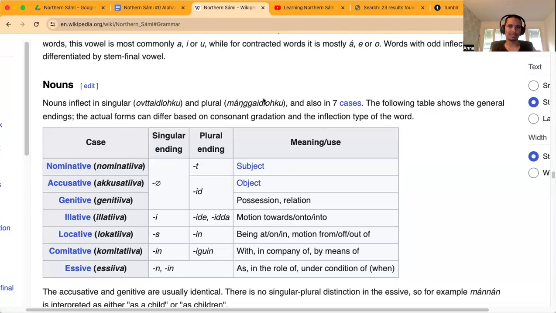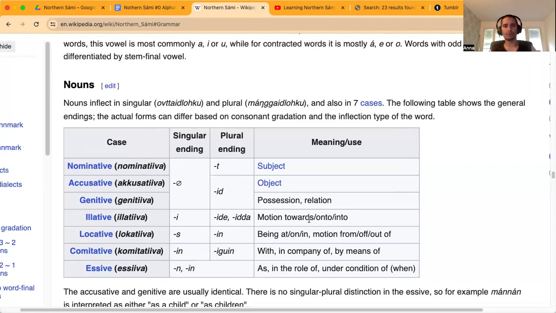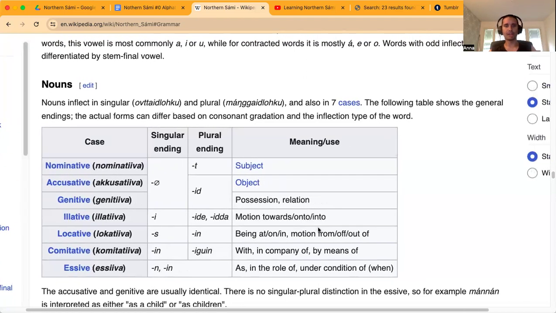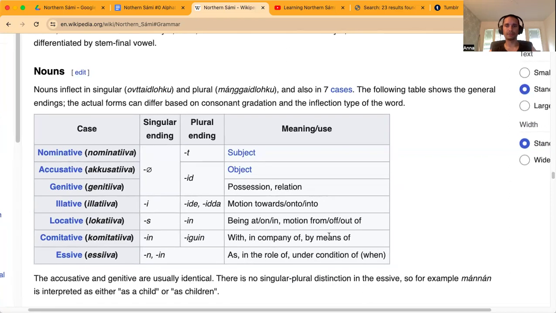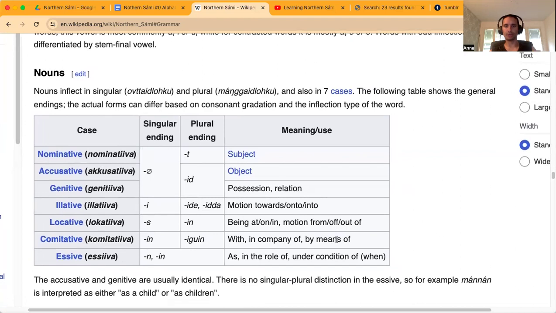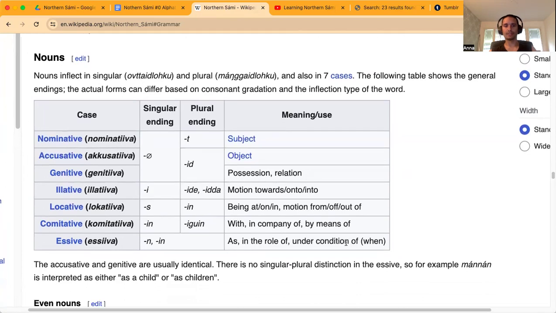But yeah, here you can see it, and in each chapter, if I have a phrase, I will try to find the case of every single word in the phrase and think why it's like that.